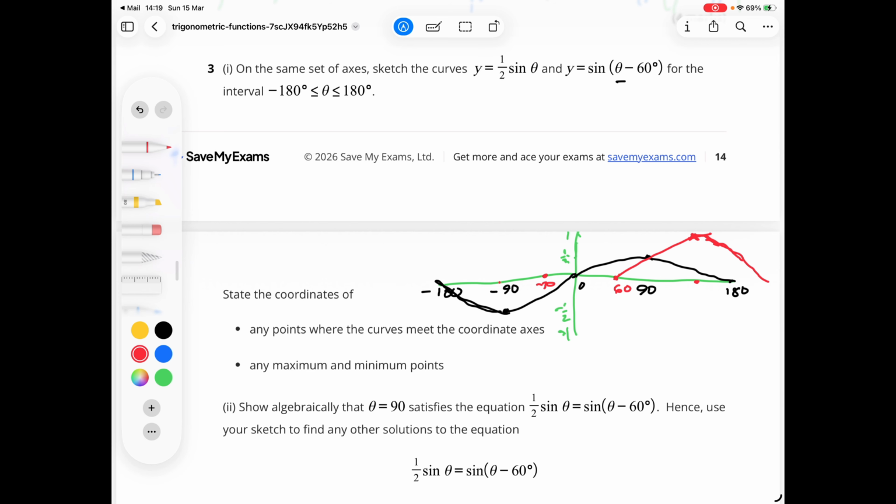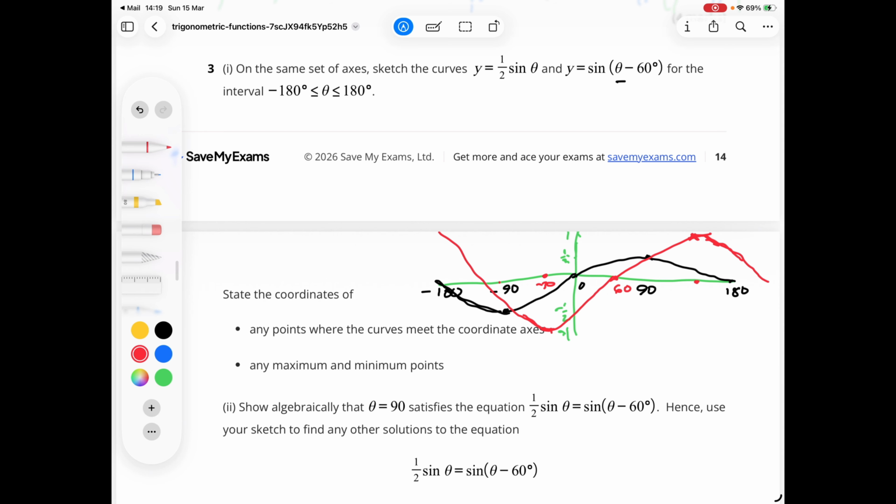So it would then go down to minus 1 there, and then it would go up, hoping I can get away with this, so then it would go along like that.